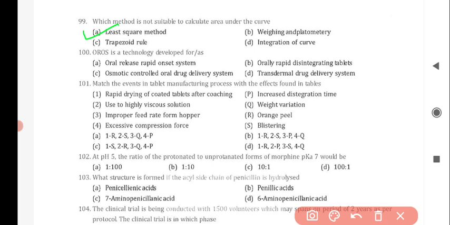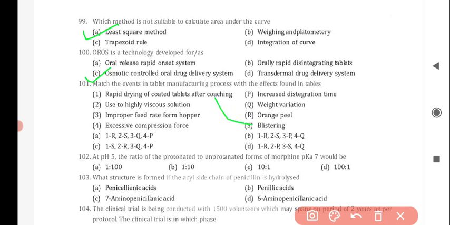Next question is, OROS is a technology developed for or as, and the correct answer is option C, for osmotic controlled oral drug delivery system. Next question is, match the events in tablet manufacturing process with the effects found in tablets. First is rapid drying of coated tablets after coating, and it correctly matches with option S, that is blistering.